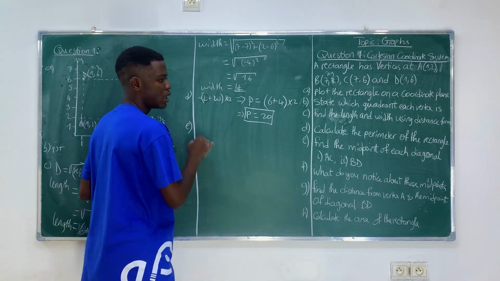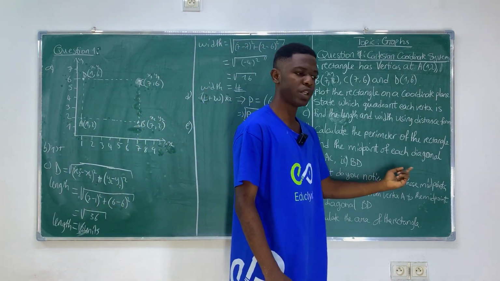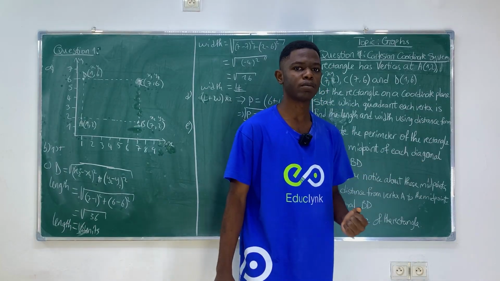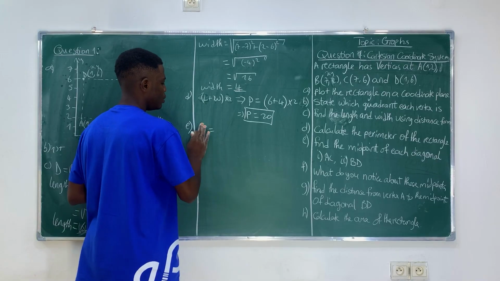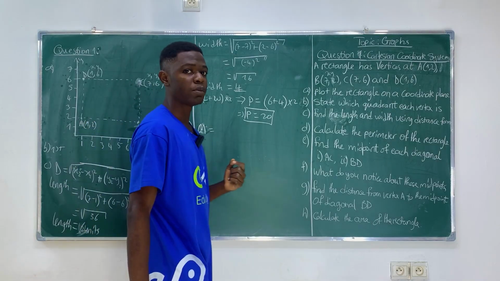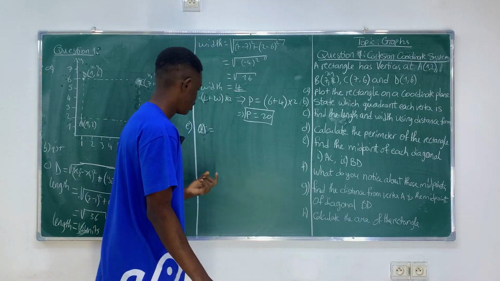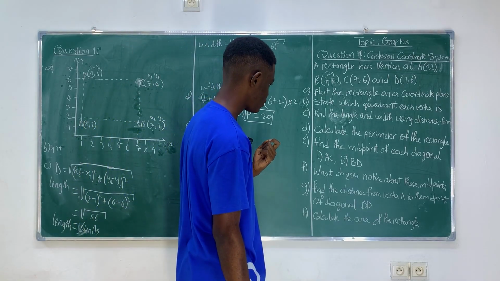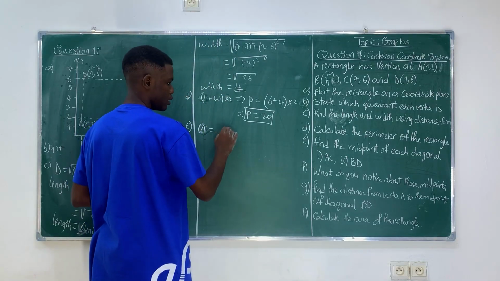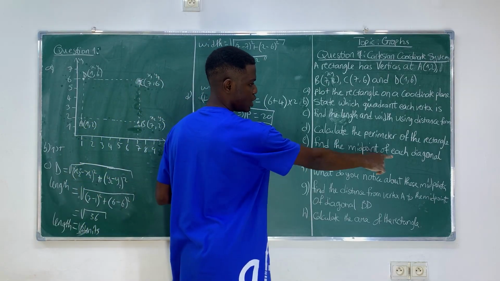Now E. This says find the midpoint of each diagonal. How do you calculate the midpoint? Remember, small m is the formula for gradient. For the midpoint, it is big M. So what is big M? The formula for the midpoint is... they said that you should calculate the midpoint of each diagonal.